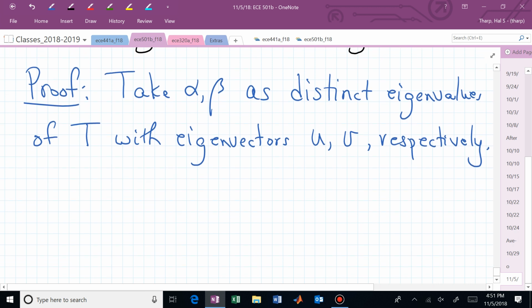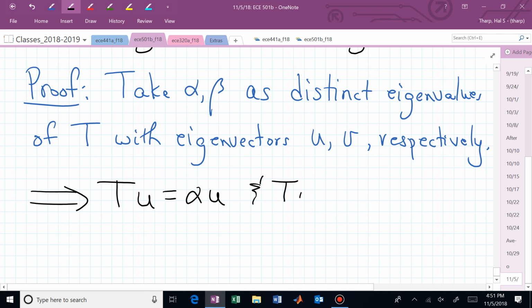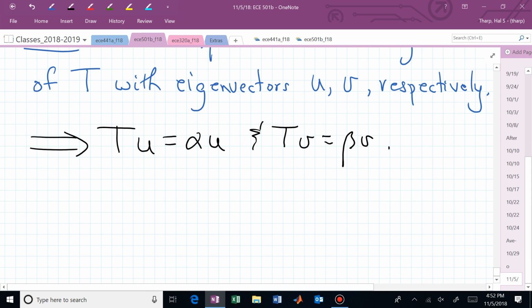I guess I got tired of subscripts. So now I have alphas, betas, u, and v. That now says that if I apply T to u, that's going to give me alpha u, and if I apply T to v, that's going to give me beta v. That's the eigenvalue-eigenvector relationship for alpha u and beta v.